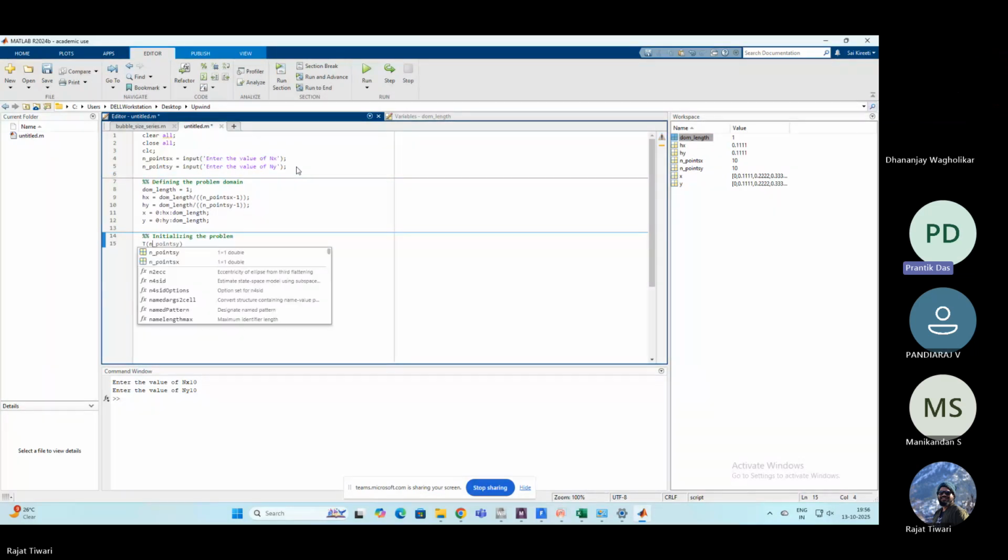So T at indices 1 to points x, comma 1, and points y is basically equal to 0. So you have to look into the problem, how it looks, and accordingly I'm defining the boundary conditions. This is x, this is points y.